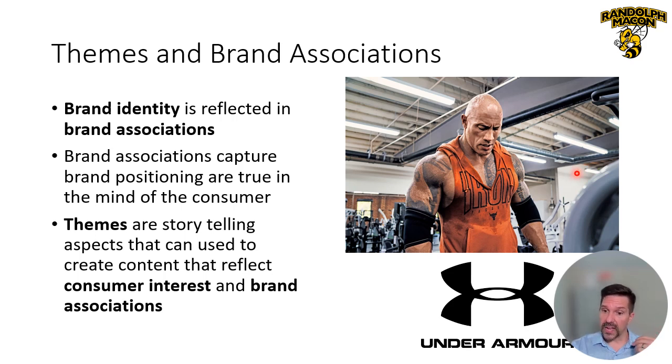And then after that, come up with themes that are going to convey the story of the brand associations to your customers. So for example, if the theme is you can achieve excellence through hard work, and now what this is going to enable you to do is come up with a whole host of different content ideas that are going to fall under this theme umbrella. And of course, this is going to match the value that your brand stands for.